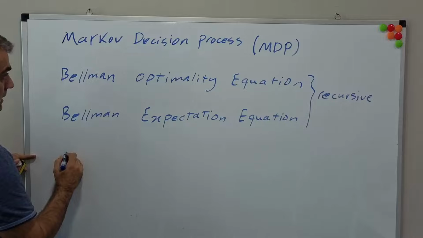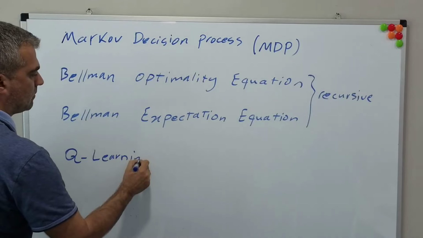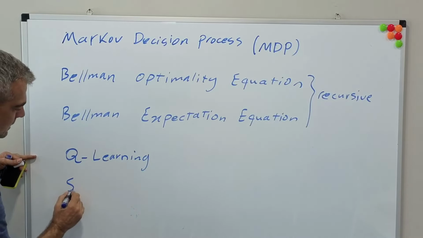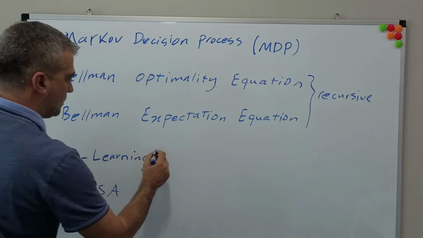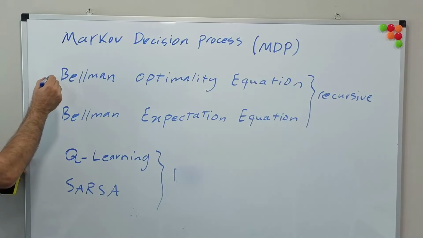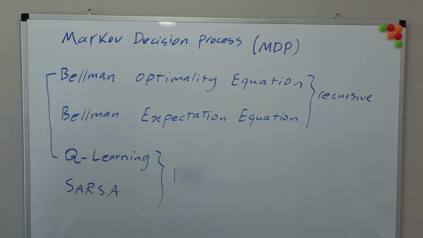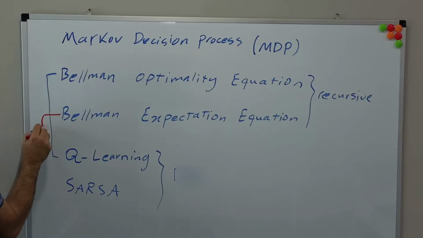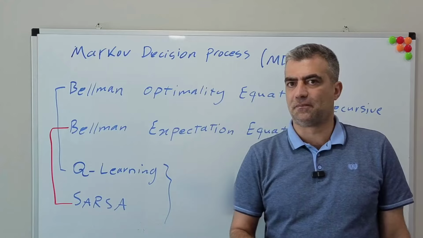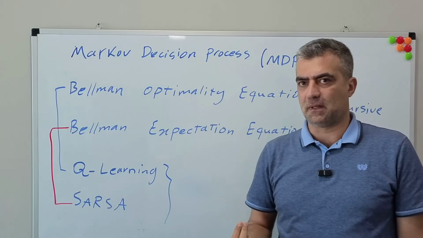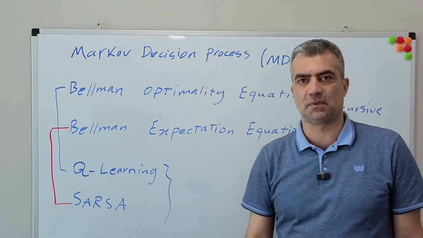One of them is Q-learning, and one of them is SARSA, which are implementations. So Bellman optimality equation is related to Q-learning, Bellman expectation to SARSA. Okay, let's review. If you have a problem which has Markov property, you can explain it using Markov decision process.